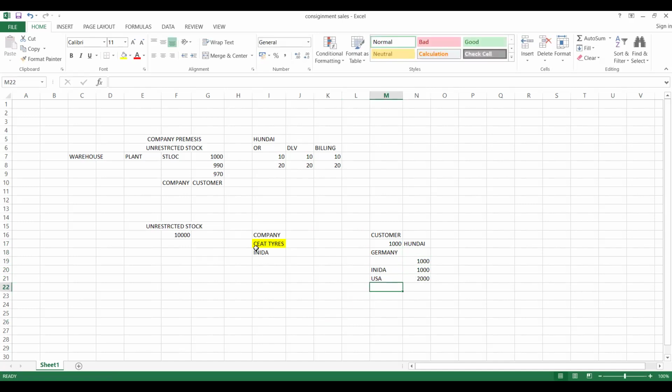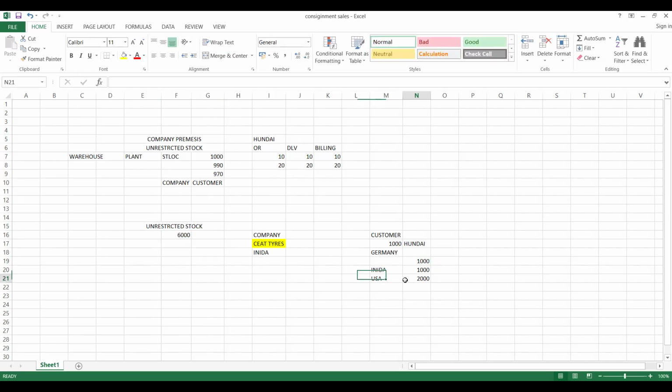So when I keep the stock from unrestricted, I'm taking from my company warehouse and keeping the stock nearby my customer. Once I keep the stock, it is moved. For example, from 10,000, I removed 4,000, so the balance will be 6,000.